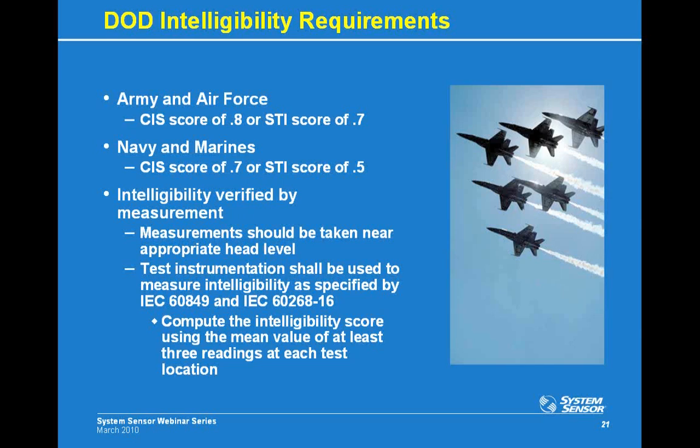Finally, for mass notification in military applications, it's required that an intelligibility meter be used to take 3 measurements and then use the mean of those 3 readings to compute your intelligibility score at each location. So it's important to point out that the military requires the use of a meter even though there are some other testing methods available.